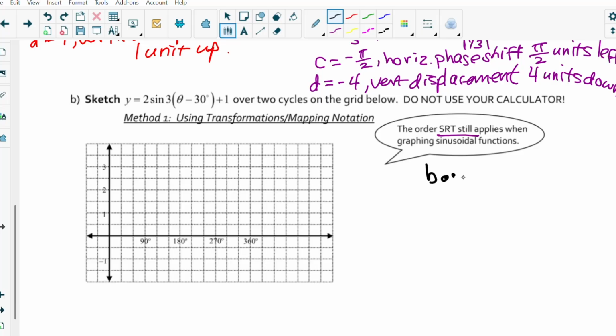The base function, folks, is y equals sine of theta. So 0, 0, 30 degrees, 1/2, 60 degrees, square root of 3 over 2, maximum at 90 degrees, and then these values repeat. So we know how to graph this.